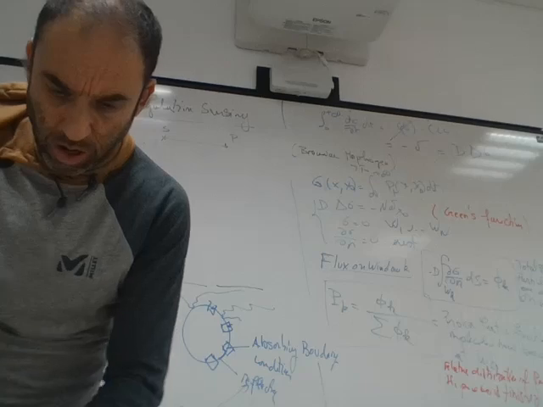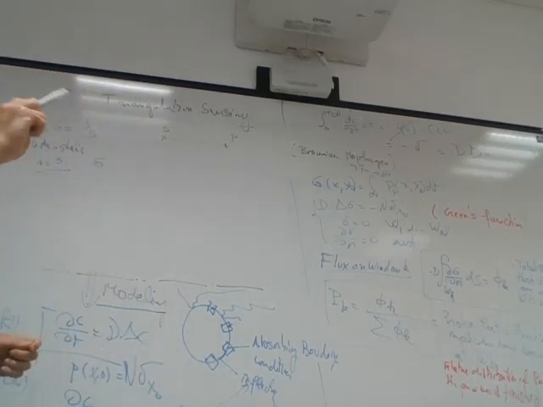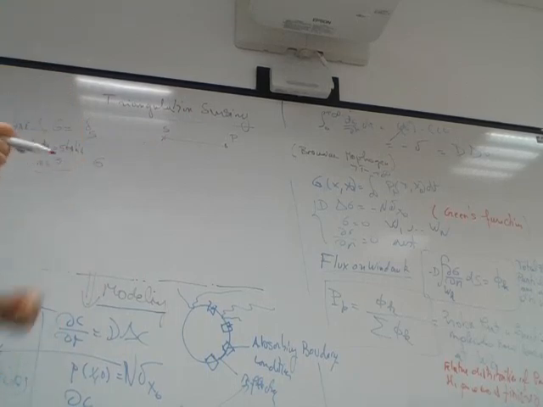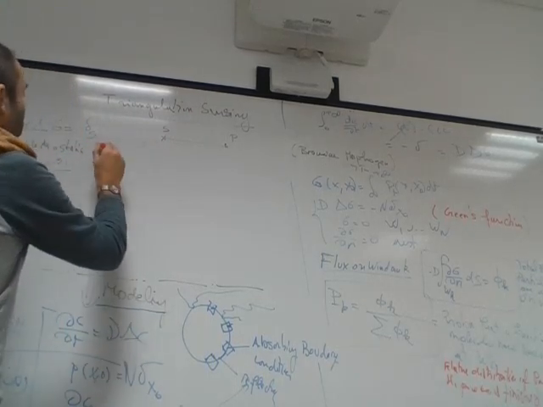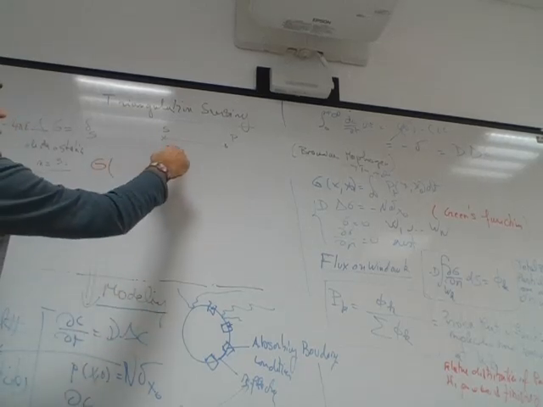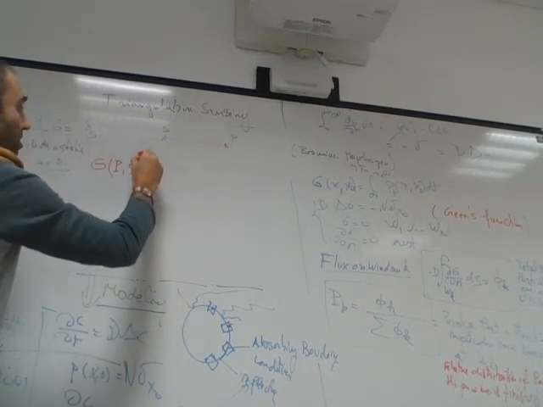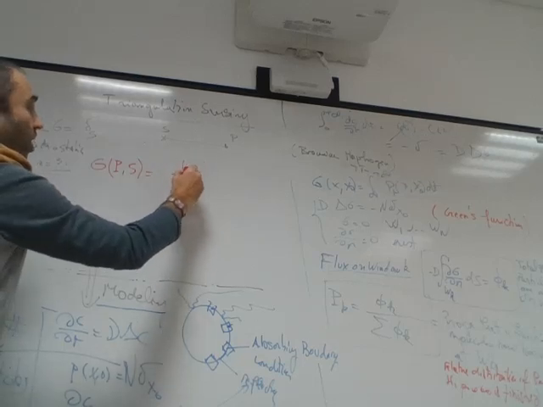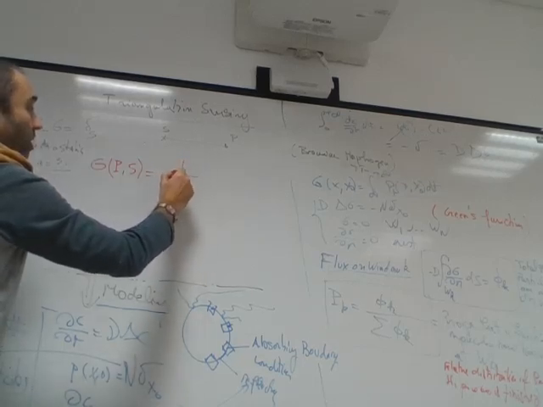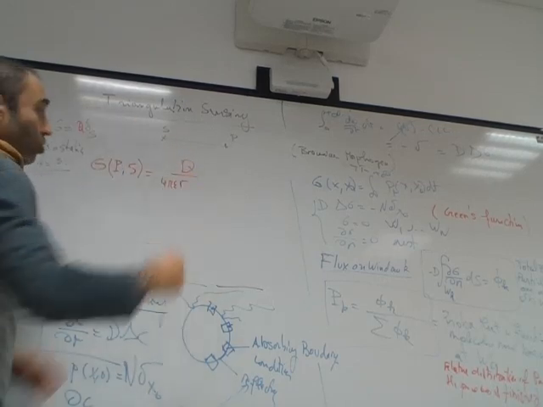So if you have a Green's function at point P and the source is at S, it's 1 over R, so it's 1 over 4 pi epsilon, and if you have a charge Q, you know this.